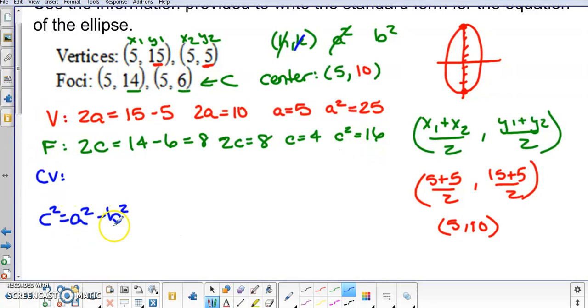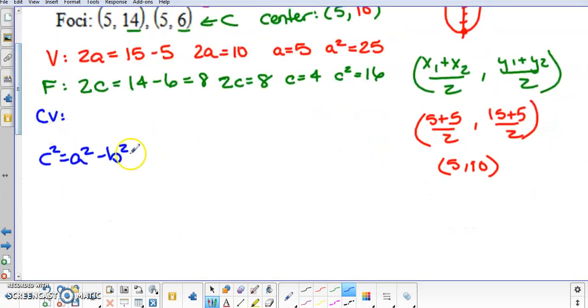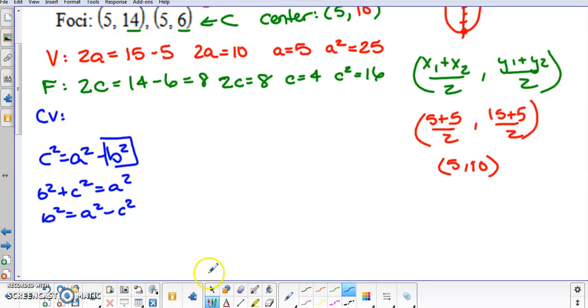I'm going to rearrange this equation. I need to get b squared all by itself, so I'm going to add b squared to this side, because that's going to make it positive and get rid of that negative sign. So now I have b squared plus c squared equals a squared. Subtract c squared from both sides, so then I have b squared equals a squared minus c squared. So now I have the equation to solve for b squared.